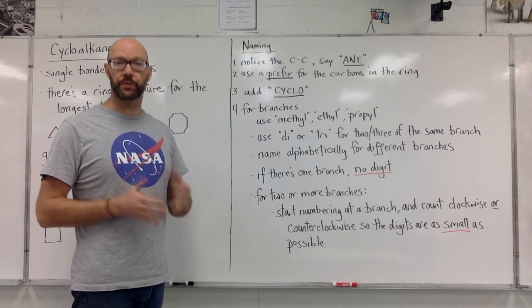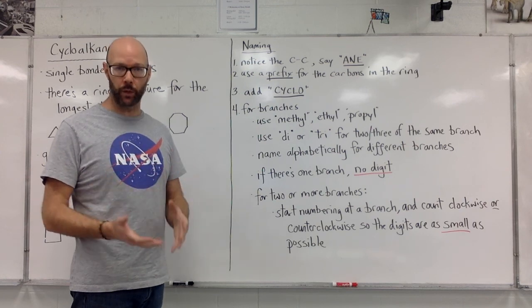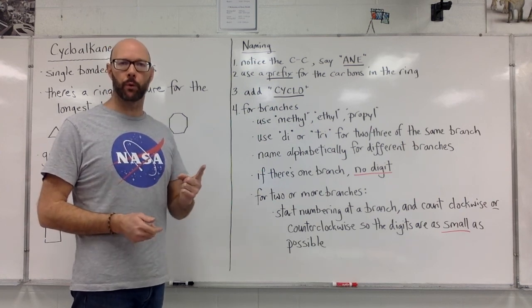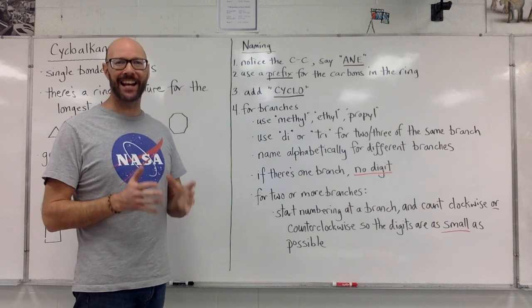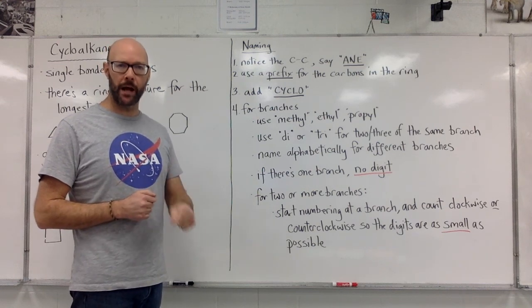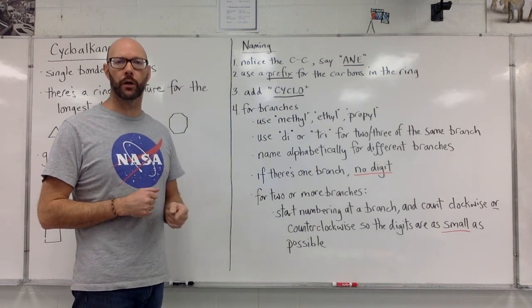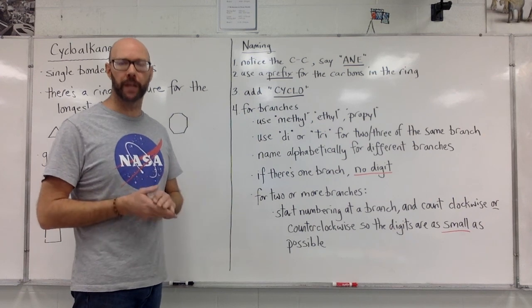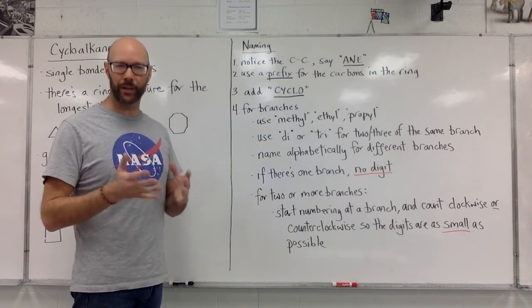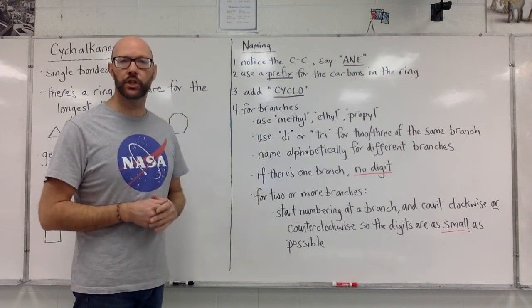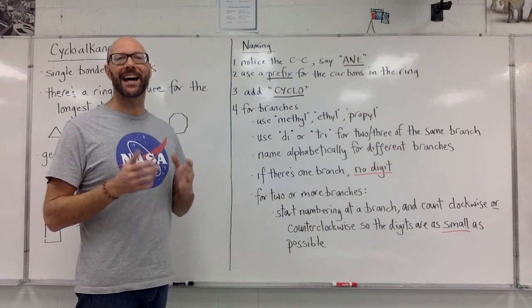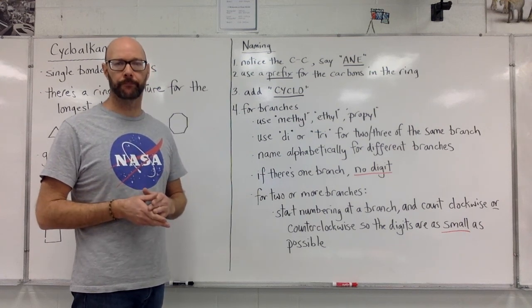Doesn't matter which position it happens to be, doesn't matter which branch it is, carbon number 1 is going to be at the branch. And then we're going to count clockwise or counterclockwise to find the location of the other branches. Again, the trick here is the digits we arrive at, we want to make them as small as possible.